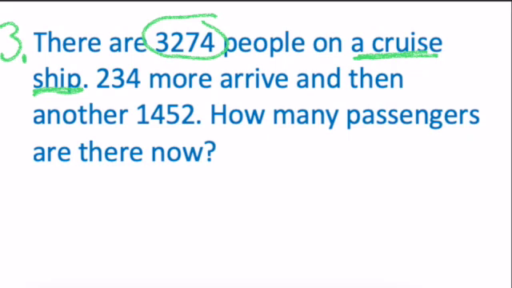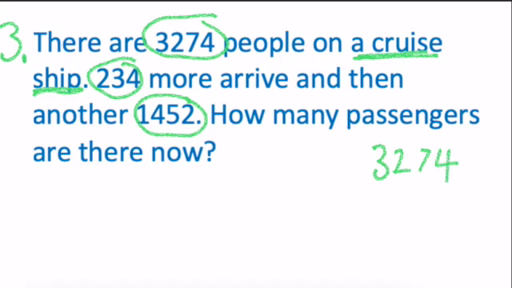Okay, so this is an addition because we're starting with that number and then these 2 more numbers come. Now, what we can do, you might put them all together in 3 columns. You might do this. 3,274, 234, and 1,452.